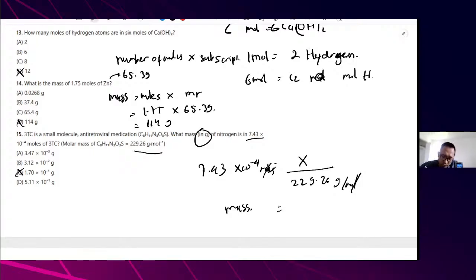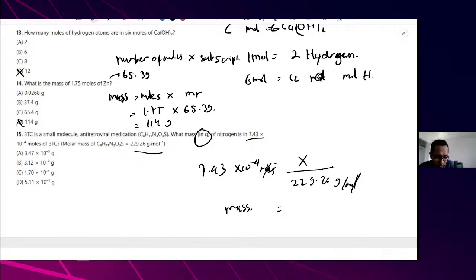Oops, but remember again, I'm so sorry. Remember that how many nitrogen over there, it should be 3. 2 times 3, so yeah, 5.11. So what mass in gram of nitrogen?